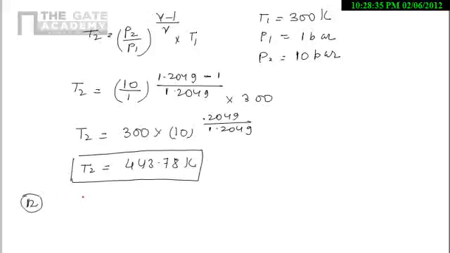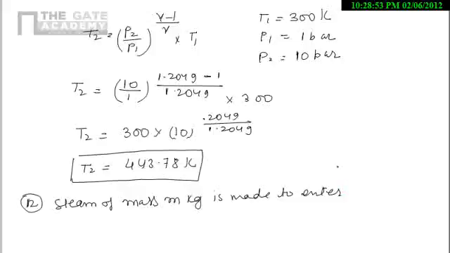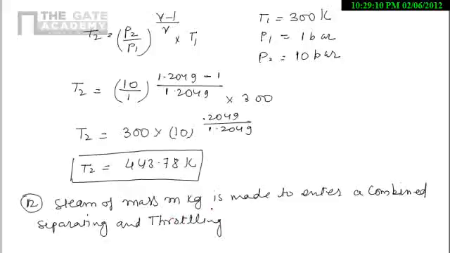It's a theoretical problem. So first I will write the problem and then I will give the solution. A stream of mass m kg is made to enter a combined separating and throttling calorimeter.